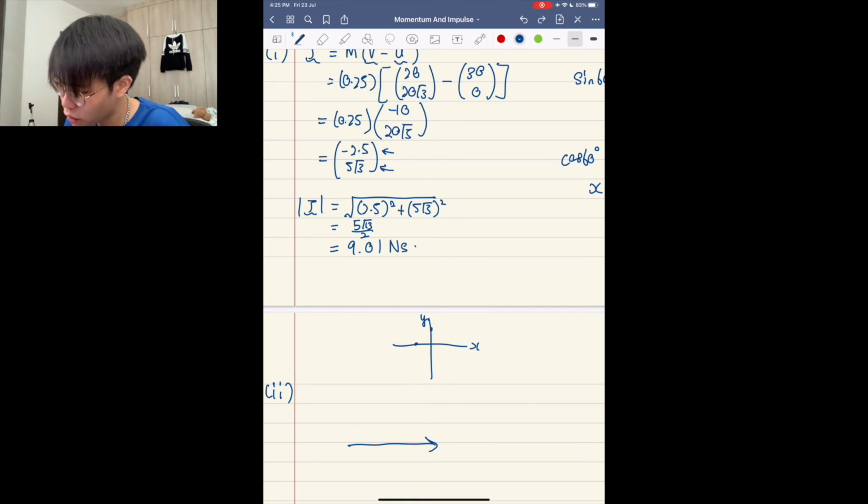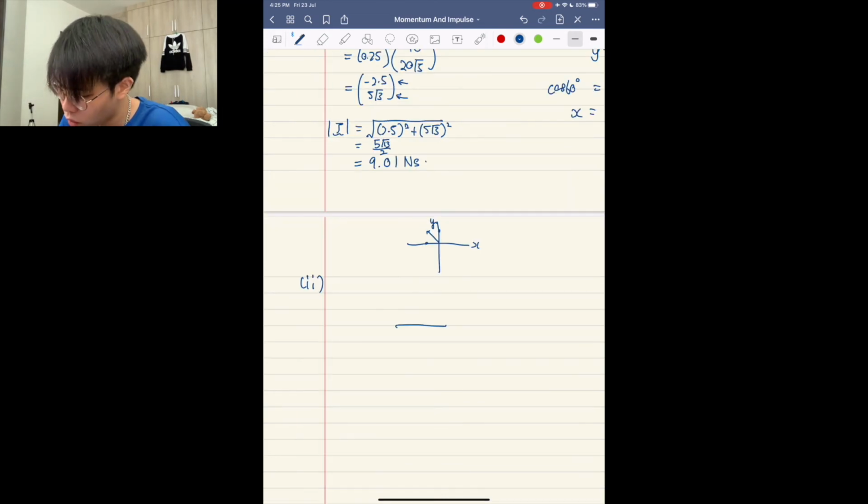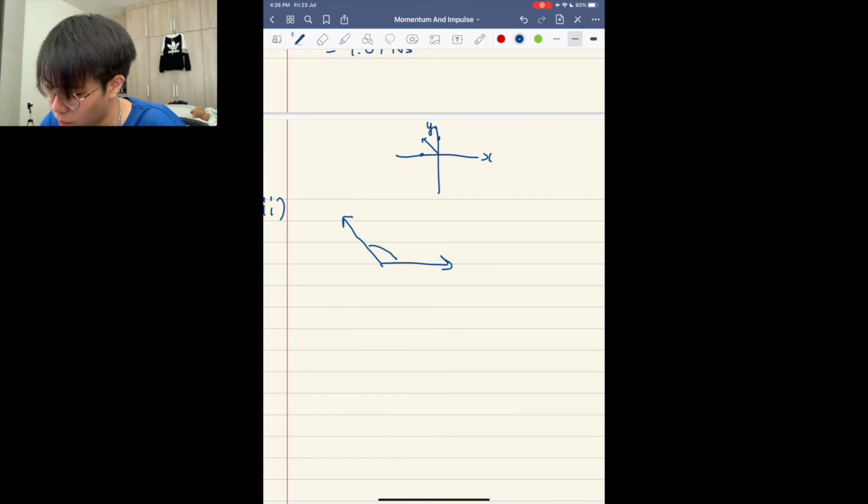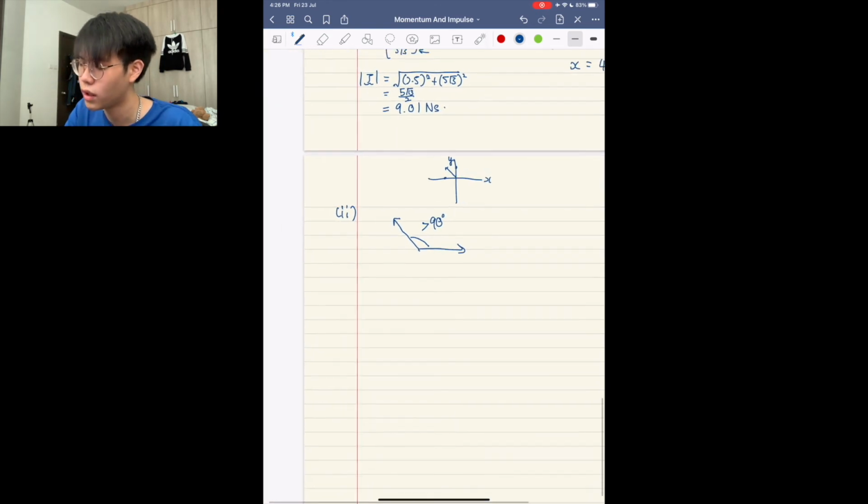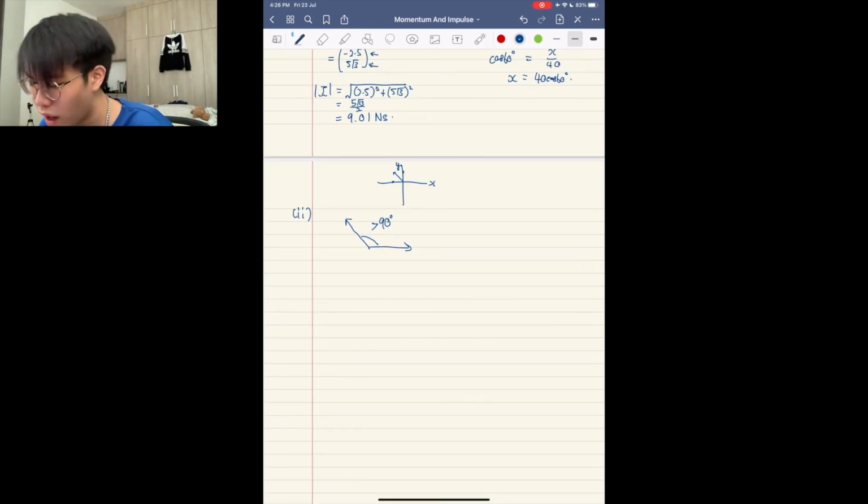So we know the direction will be going to the upper left. Here we estimated that the direction of the impulse will be going to the upper left. In this diagram, we know that the angle must be bigger than 90 degrees. So if our answer is below or equal to 90 degrees, we will definitely know that there is a mistake in it.